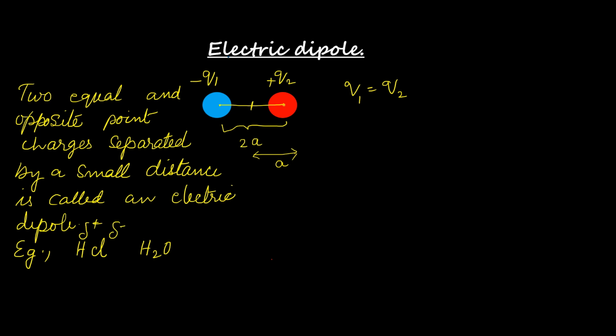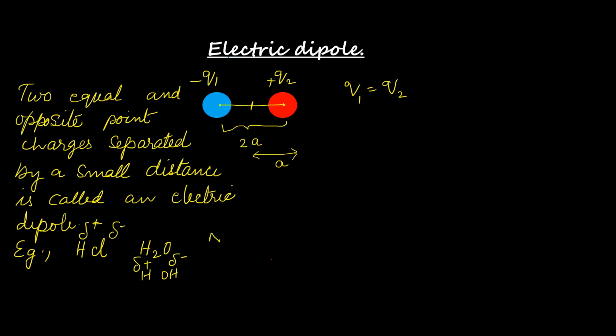The shared pair of electrons is slightly shifted towards the chlorine atom. That is the reason. What about the molecule of water? How do we represent it when we show the bond? H-O-H. H develops a delta positive charge and O develops a delta negative charge.